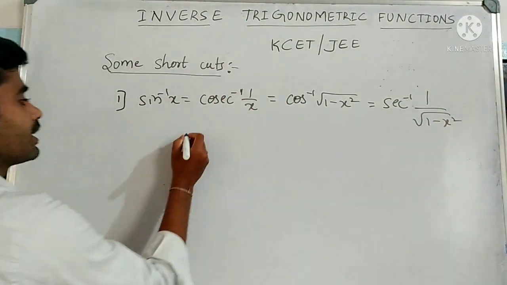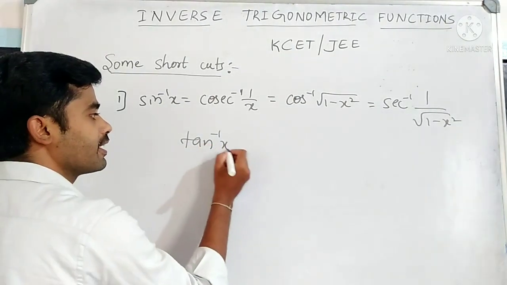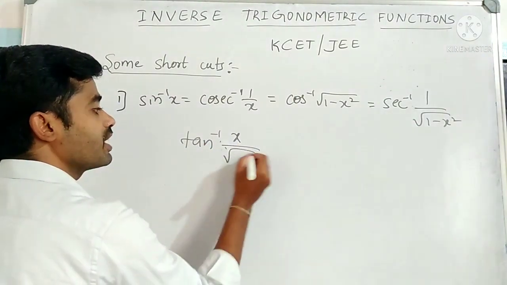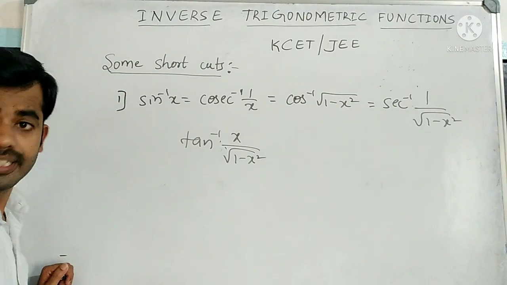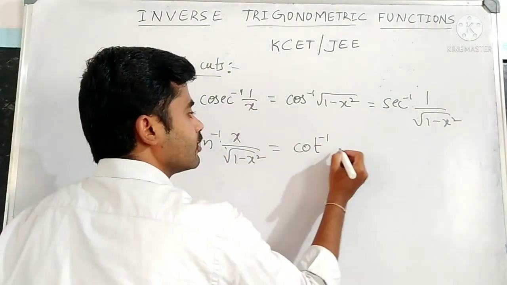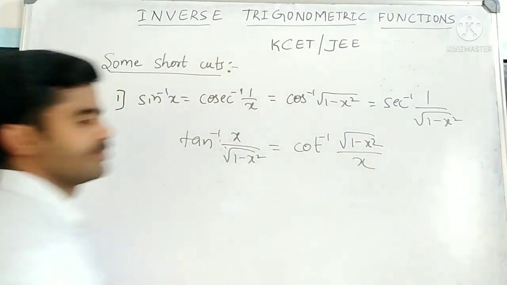Again, we can write this sine inverse as tan inverse of x by root 1 minus x square. This can be written as cot inverse root 1 minus x square by x.